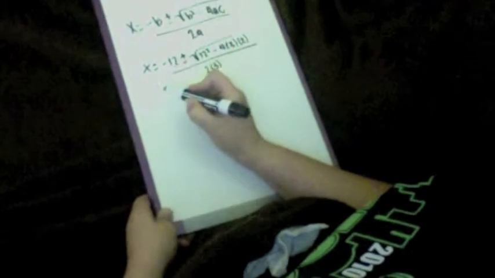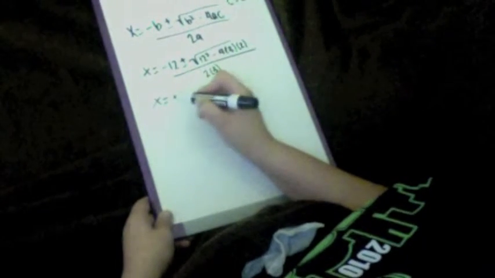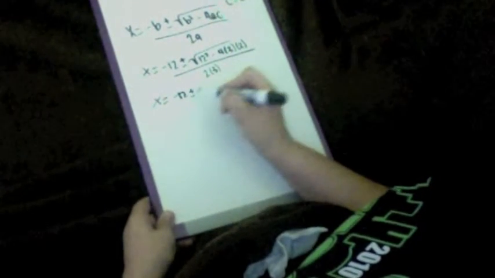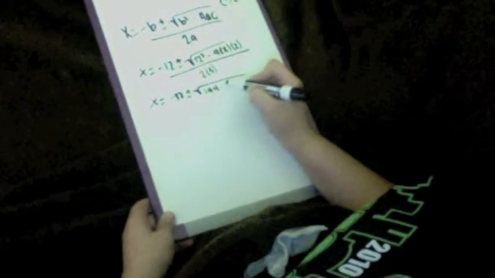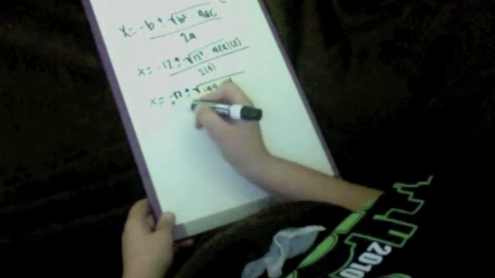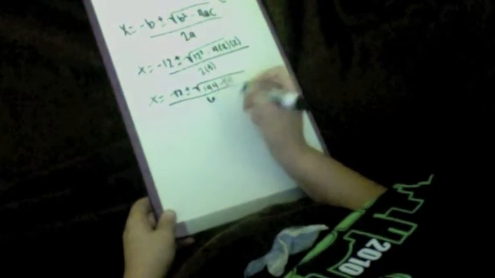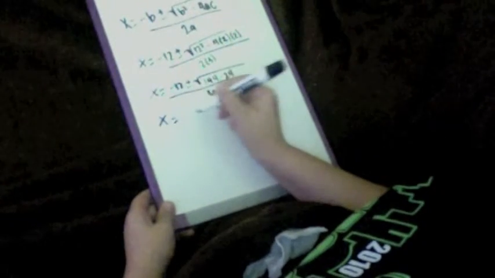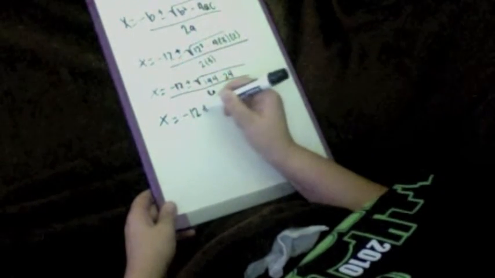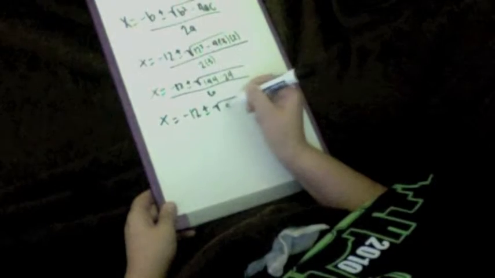X equals negative 12 plus or minus the square root of 144 minus 24 all over 6. We can reduce that even more to x equals negative 12 plus or minus the square root of 120 over 6.